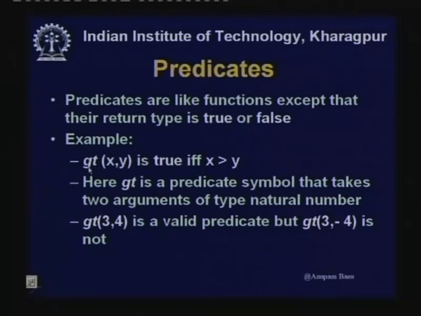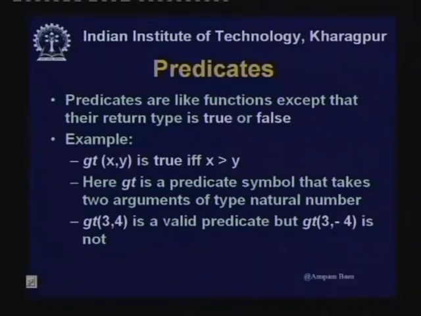Greater than, GT stands for greater than xy variables, is true if x is greater than y. Now, these are variables. You see, in propositional logic we could not deal with variables. Here in predicate logic, in functions we can have variables, and predicates being nothing but functions, we can have variables in predicates as well, right, and that is giving us a lot more expressive power.